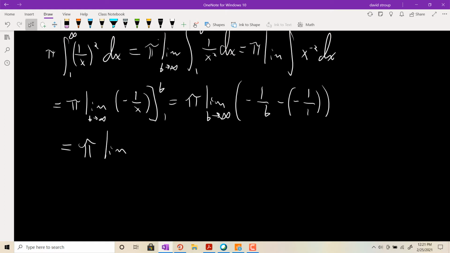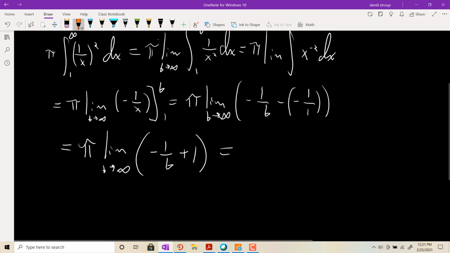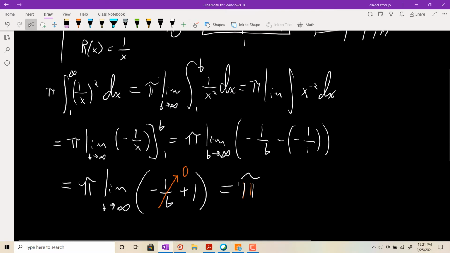So here, the limit as b goes to infinity of, cleaning it up, negative 1 over b plus 1. And as b goes to infinity, this part of the expression just goes to 0. So it seems that your answer is just going to be pi, right? Pi times 1. In other words, just pi. The volume of Gabriel's horn is finite.